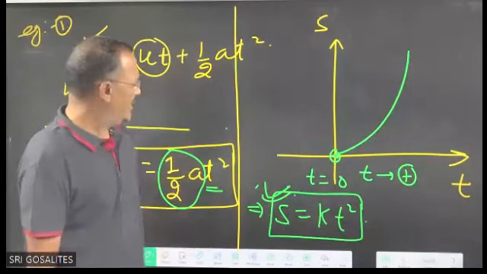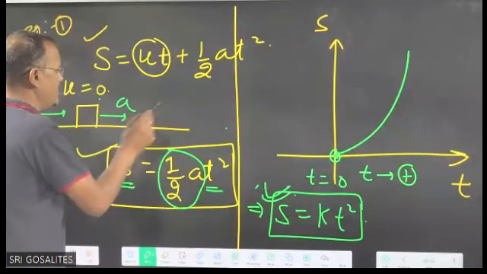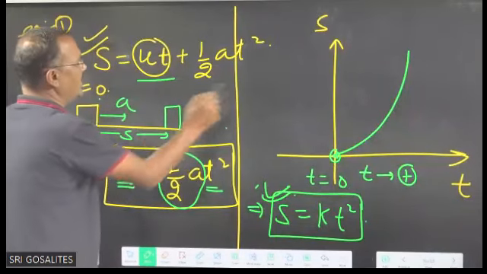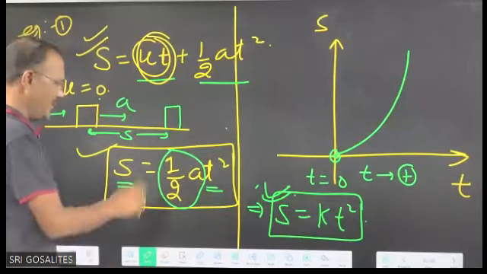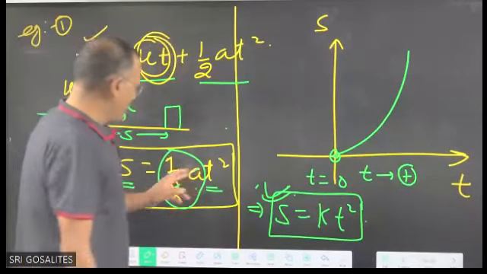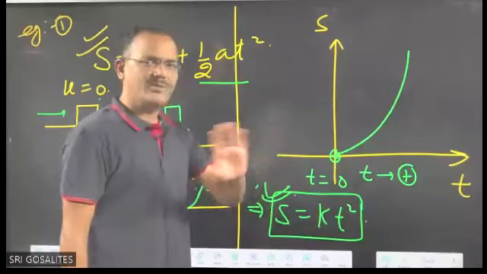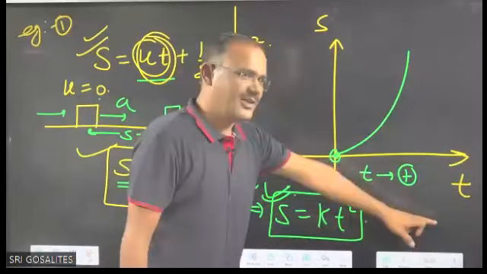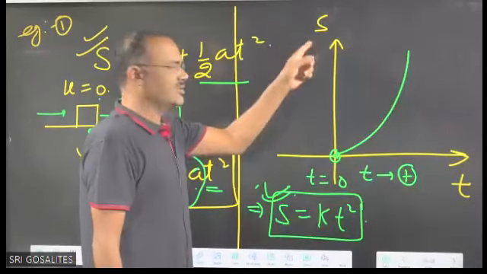Again, you see, starting from rest, some object with acceleration is moving, and the distance covered by it in time t by the second equation is ut plus half a t square. U was 0. Some are asking me to repeat, so I'm repeating. Half a t square, a is constant, 2 is constant. So a constant by a constant, let us keep one more constant. Our interest is not in numerical values. We want the plotting, the graph, the variation between S and t. t is on the x-axis, S on the y-axis.